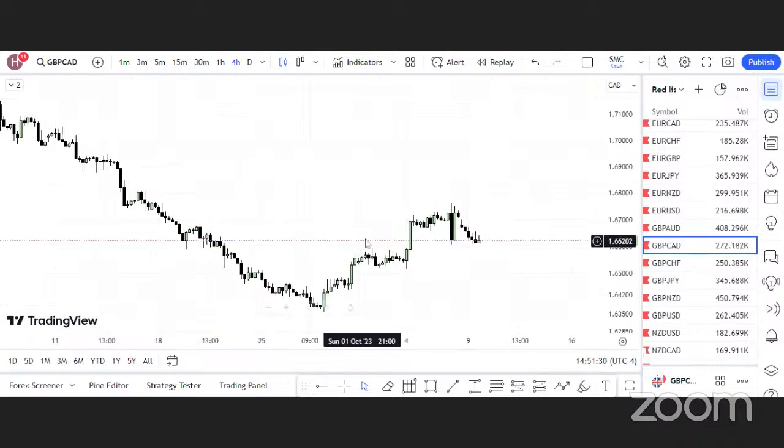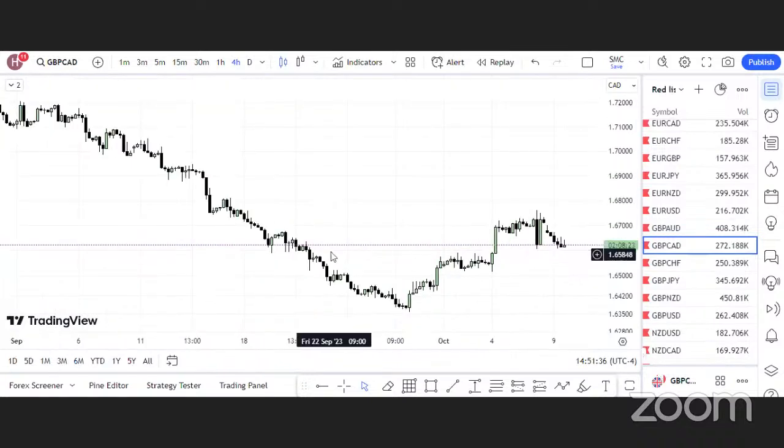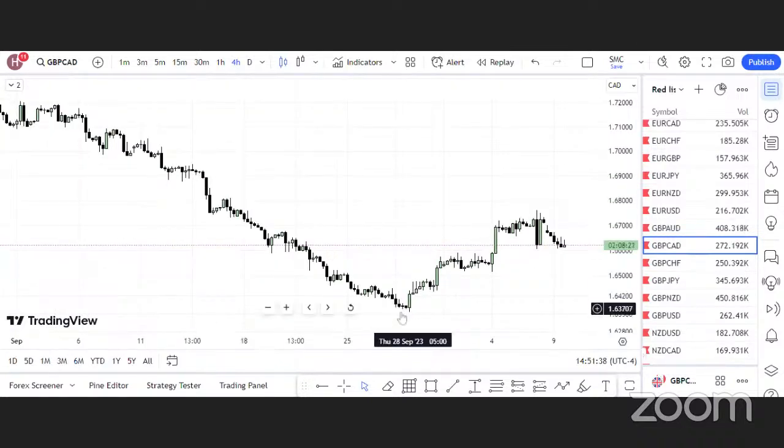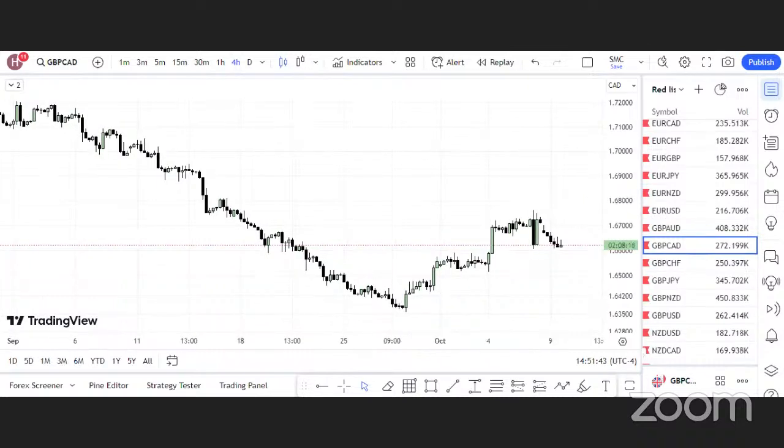This is the 4 hour time frame, and it is giving us a feel of an uptrend, even though the market has been coming down since forever. So what you can do here is continue to ride the trend to the upside.